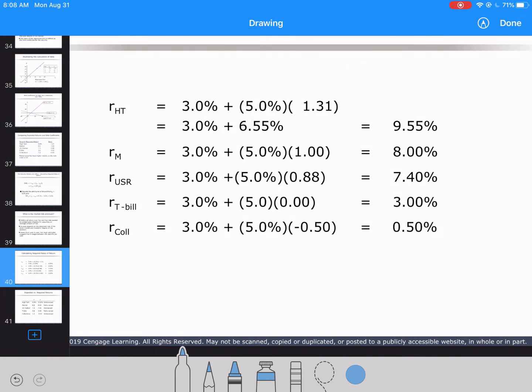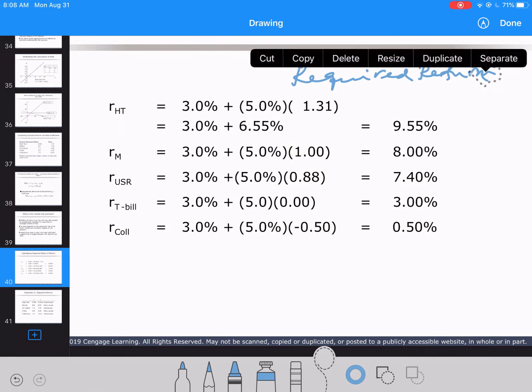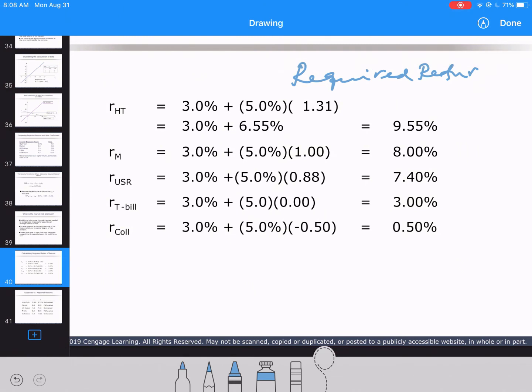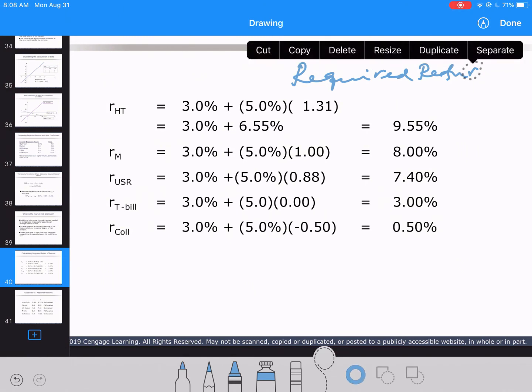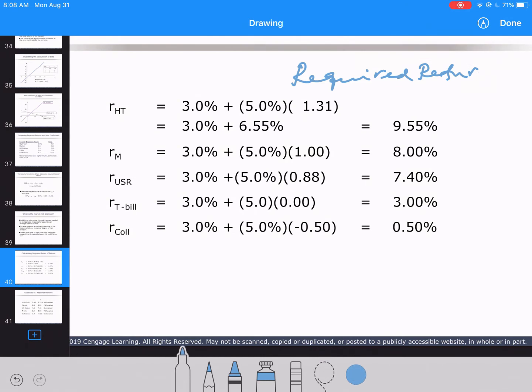These are all required returns when you apply CAPM, as opposed to what we did before, the expected return, the one with the hat.